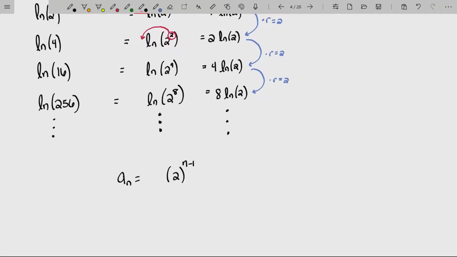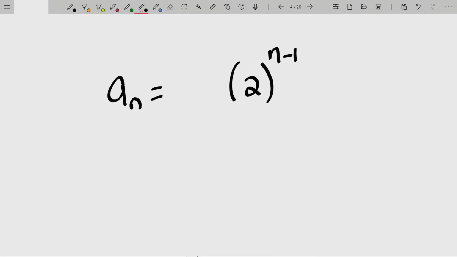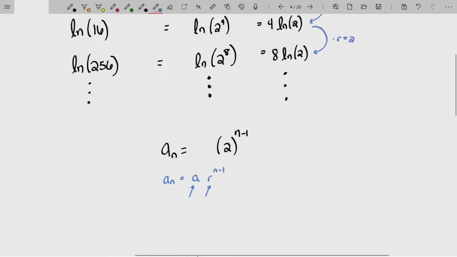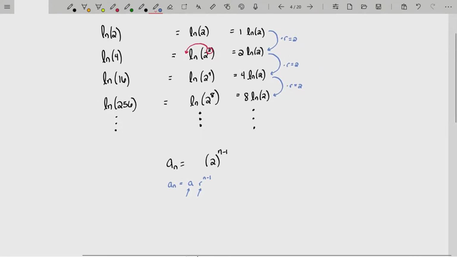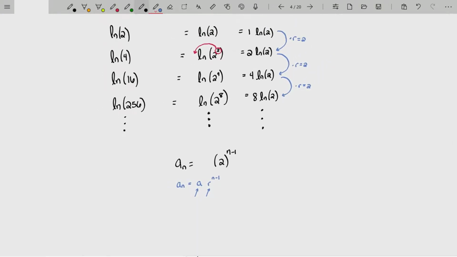Because remember, the formula for a geometric sequence is this, where a is the initial value and r is the common ratio. We already found the common ratio to be 2. And if you look at our sequence, the initial value is the natural log of 2. So I'm going to go ahead and write in the natural log of 2 here.